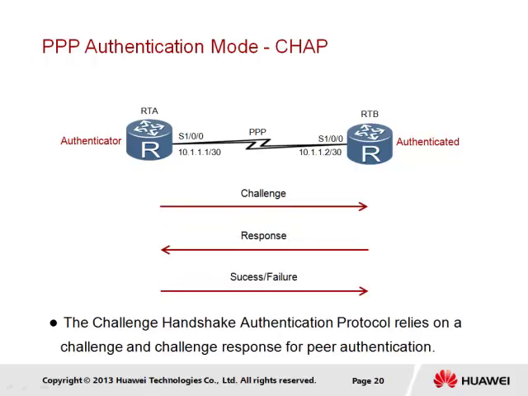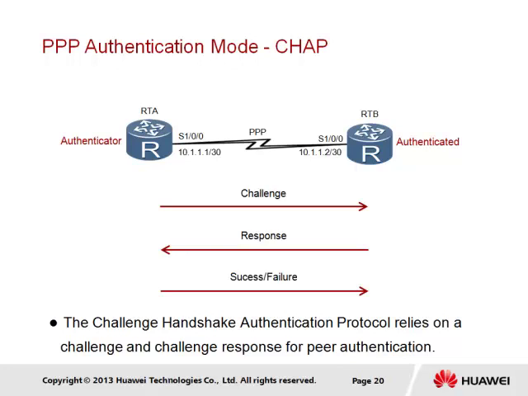As an alternative to PAP authentication, PPP may be configured to support the Challenge Handshake Authentication Protocol, or CHAP for short, that operates somewhat differently from PAP and can be considered more secure, mainly due to the fact that the password used for authentication is not carried over the serial medium.